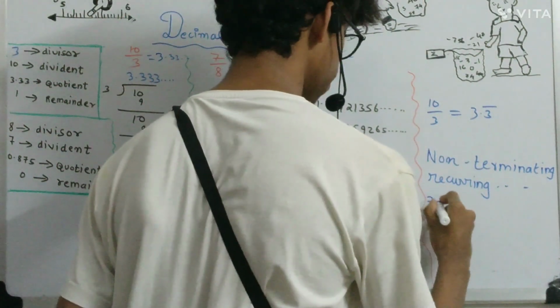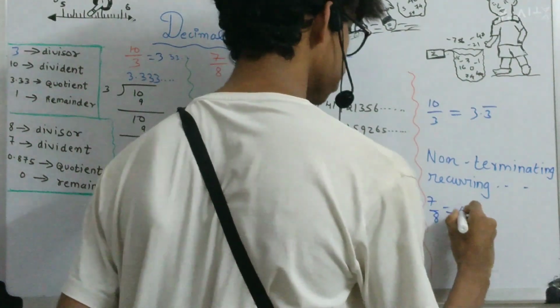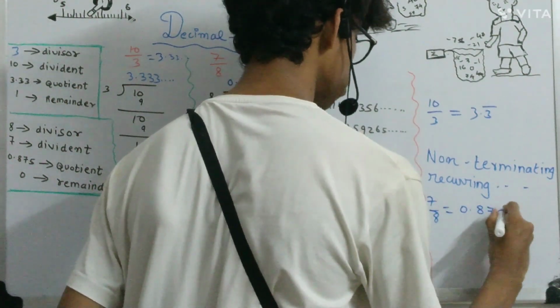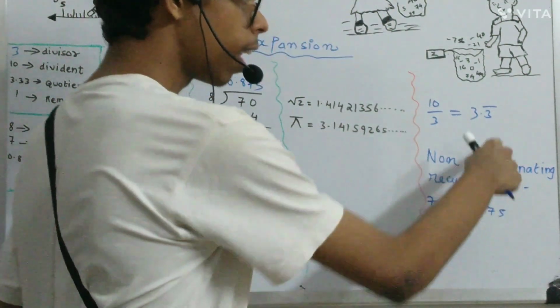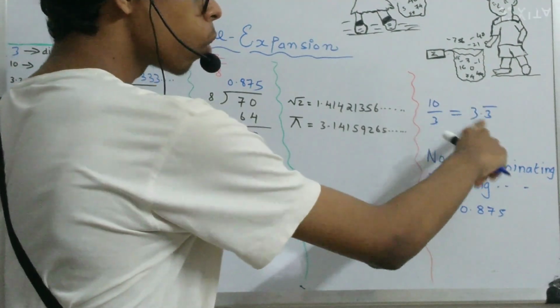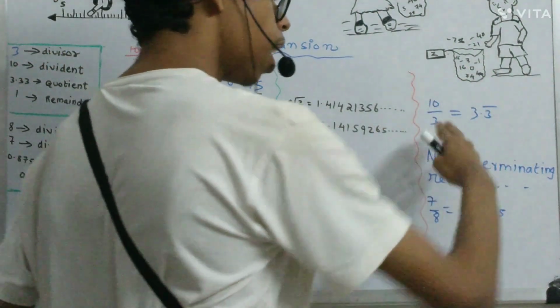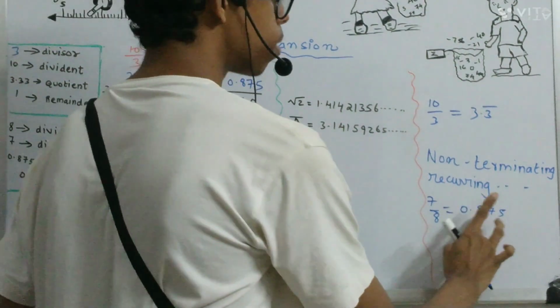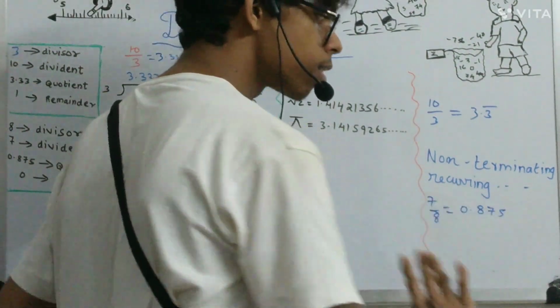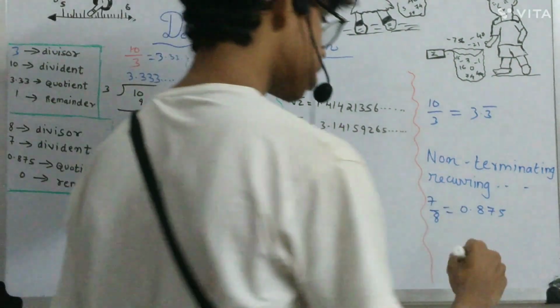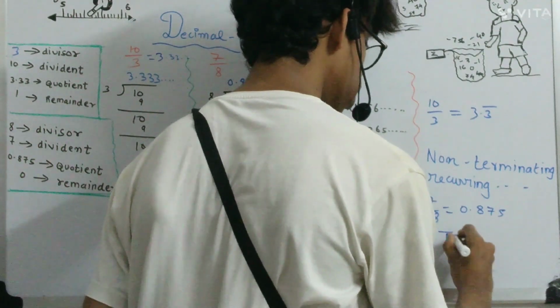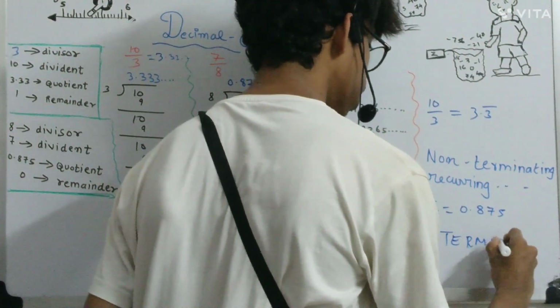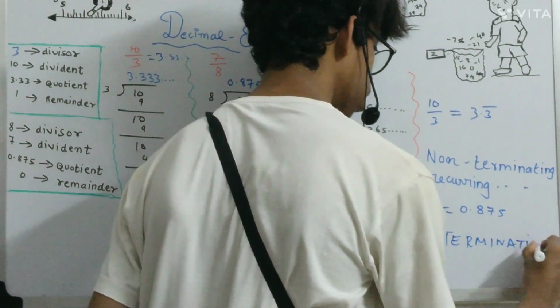So when I did 7 by 8, I got my answer as 0.875, which stops. Like here we saw that the 3 is repeating and going on forever, but here after the decimal point the numbers stop. Such a decimal expansion we call terminating decimal expansion.